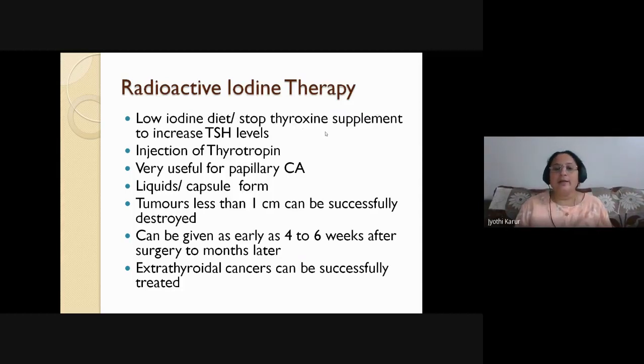Then the TSH levels will increase, and the thyroid tissue will be vulnerable to RAI therapy. If the TSH levels are not increasing, you can give a thyrotropin injection in order to increase the TSH levels. Where is it used? It's very, very useful for papillary carcinoma.